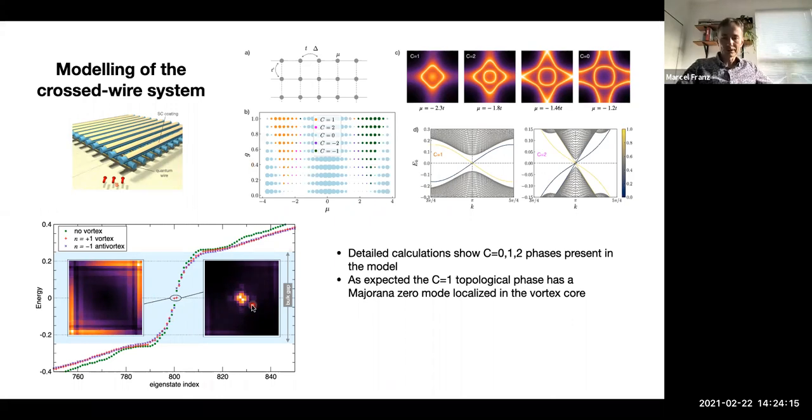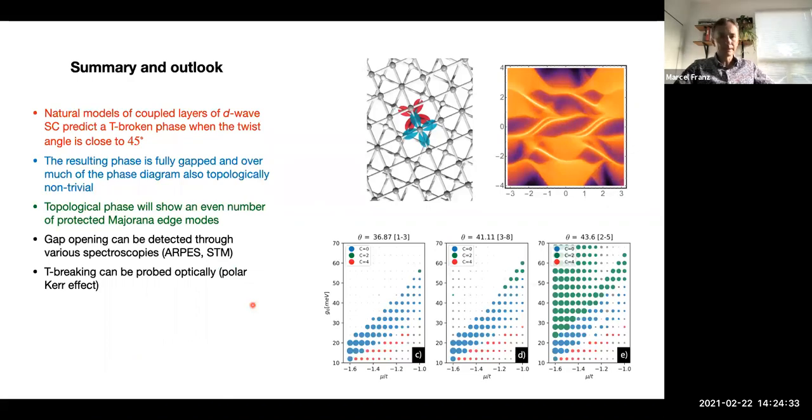So this works as a theoretical construction. Whether it might ever work as an experimental reality is a big question mark, but it might be a route to this type of topological superconductivity.